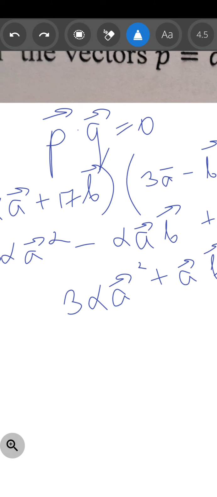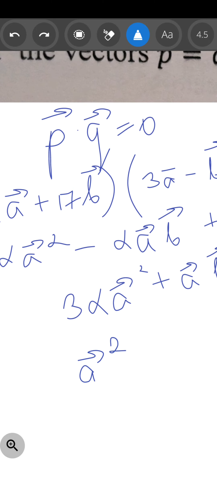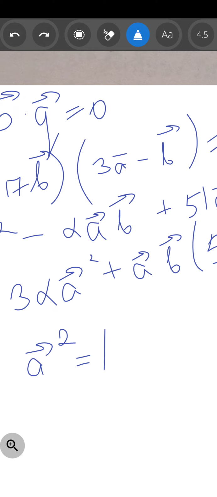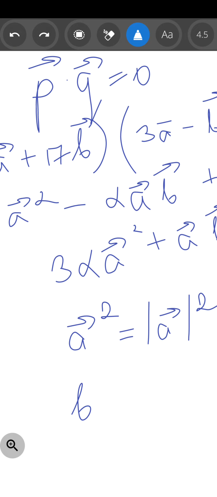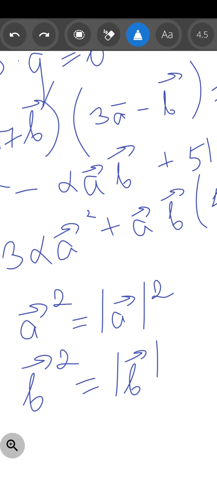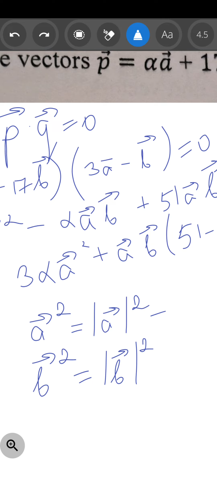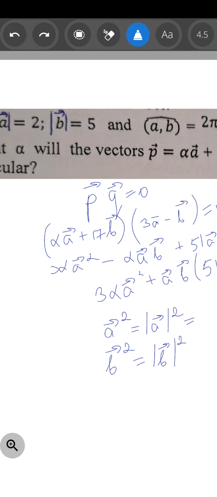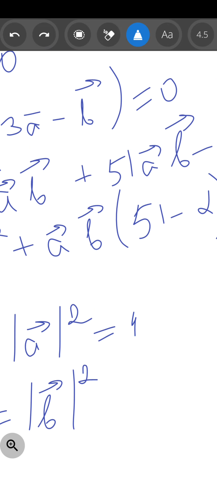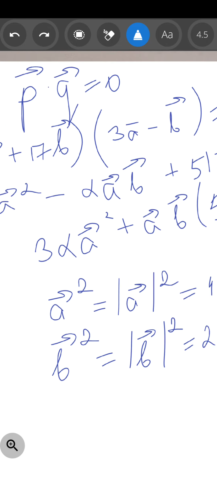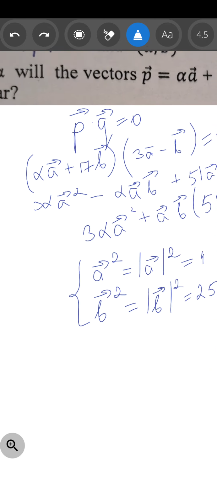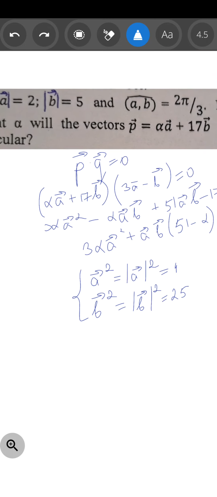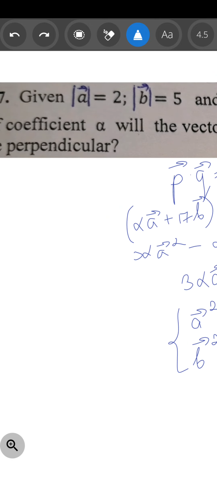We can write a squared as modulus a squared and respectively b squared as modulus b squared, which are equal to 4 and 25 respectively. Let's compute the scalar product of vectors a and b.